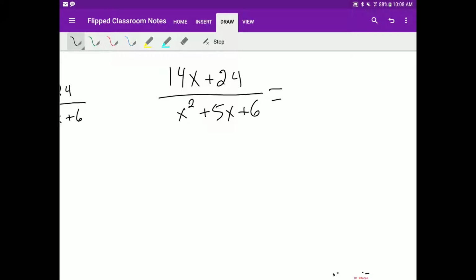We need to figure out what fractions we added, and we can figure this out if we can factor the bottom. If we factor the bottom, x squared plus 5x plus 6 becomes x plus 2 times x plus 3.